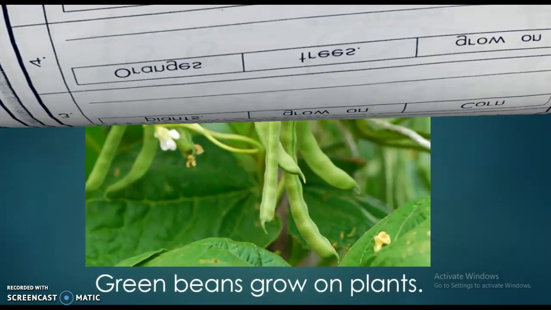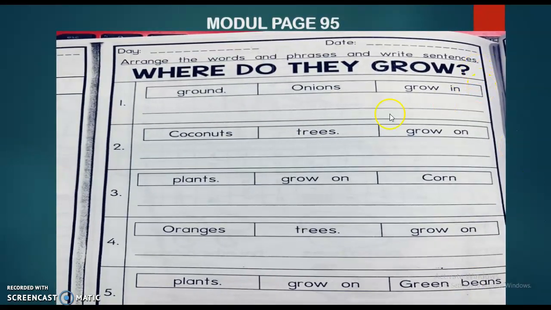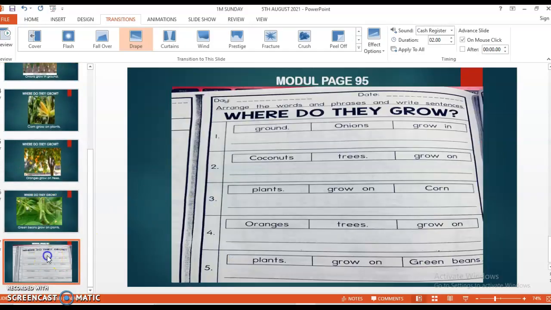Ataupun cara mudah yang lain, kita tengok mana huruf besar. Huruf besar mesti permulaan ayat. So onions kita tulis di sini, and then grow in ni maksudnya dia tumbuh ataupun membesar. Yang ada full stop ni ground mesti akhir sekali. So dia akan jadi onions grow in ground. Okay, faham tak? Kalau tak faham tak apa.